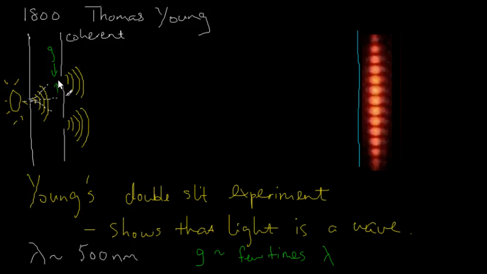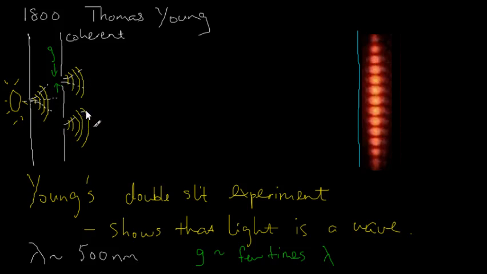Okay, so we would expect light to bend, but if the gap size is not that small, they will not bend that much. So it will bend a bit here, and there, and there.